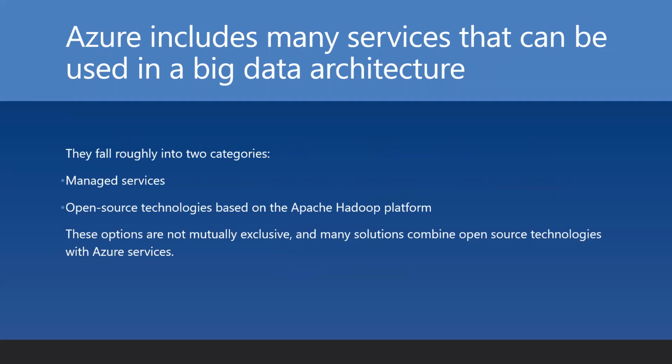The next one, Azure includes many services that can be used in a big data architecture. We just discussed how we can implement all these components with various tools in Azure. These fall into two categories: managed services and open source technologies. For managed services, there is Azure Data Lake Store, where we can store massive amounts of data.